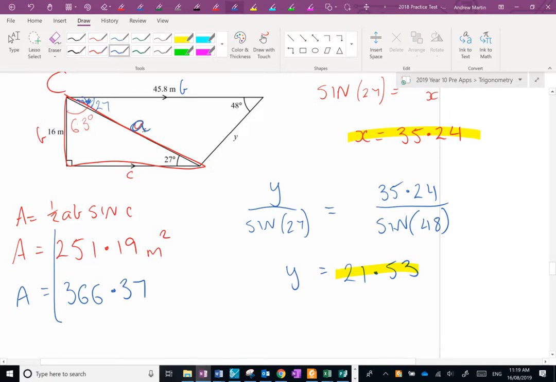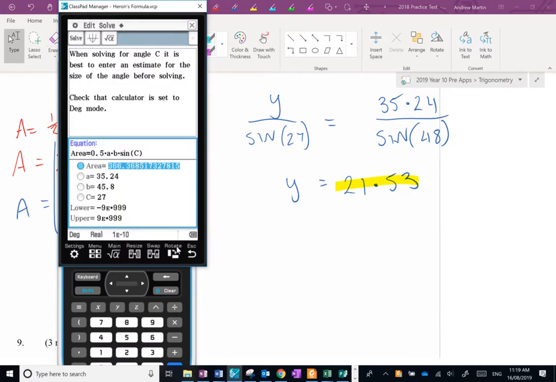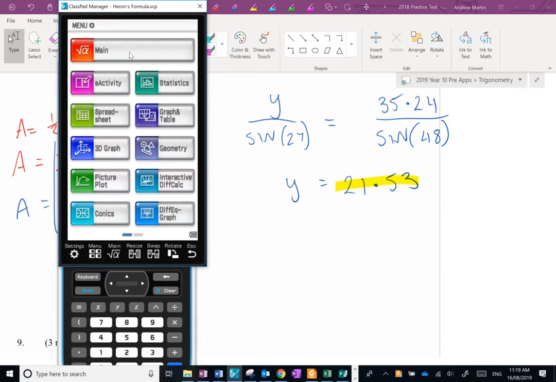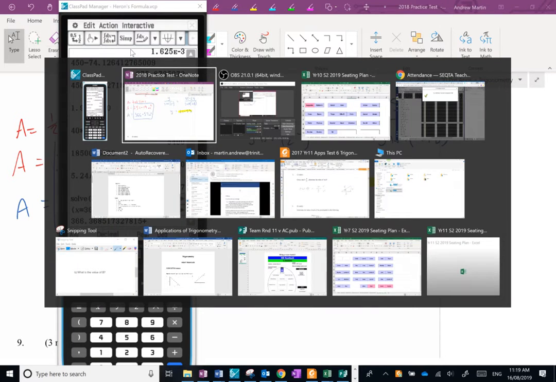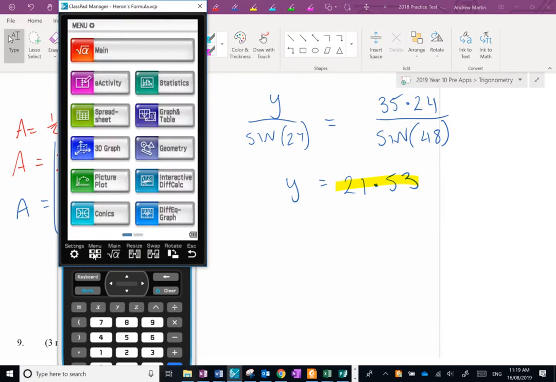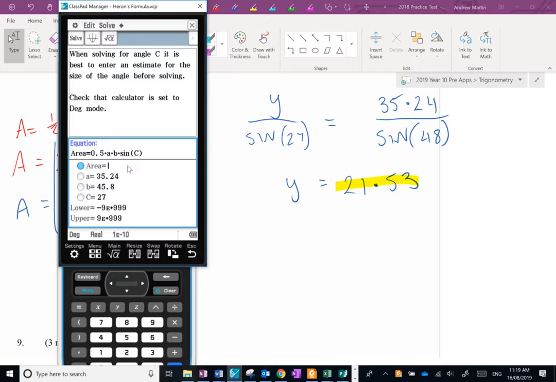Okay, I just need to add those two figures together to get my total area. Okay, so I can copy that one. Just go into main, paste that, add it on to, oops, what was my other figure? I should have copied the other figure too, so I'll just quickly redo that one.